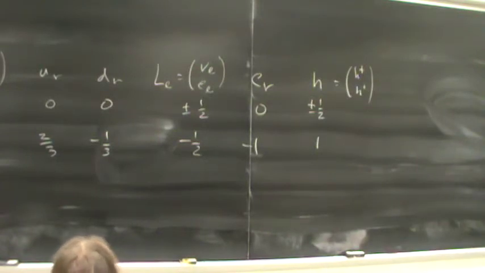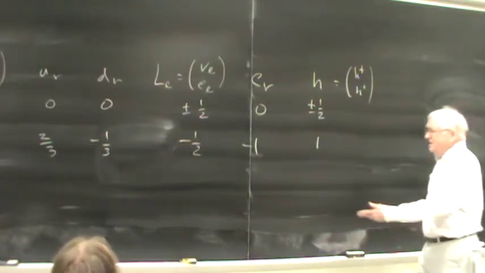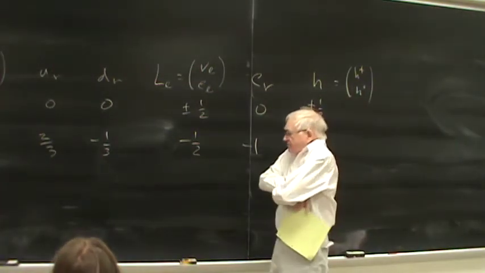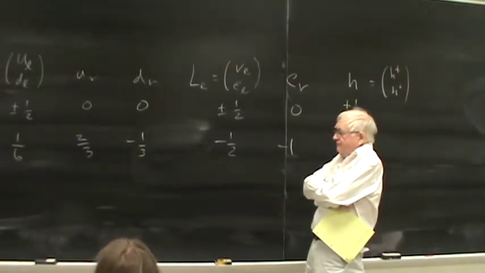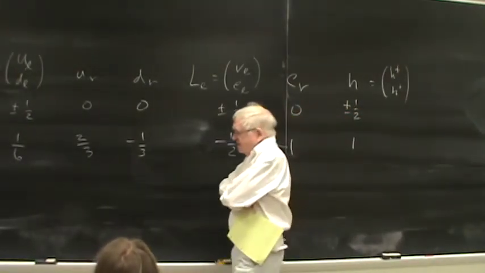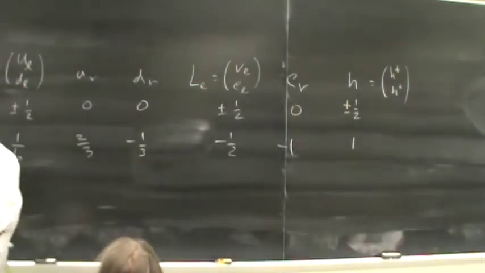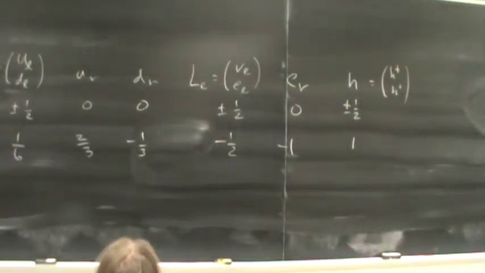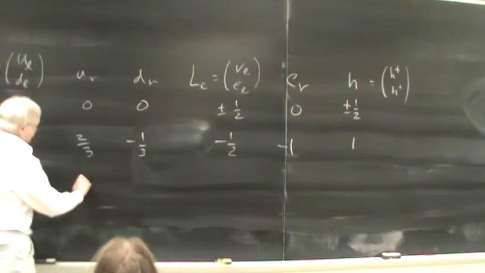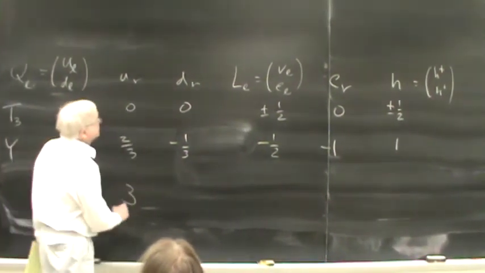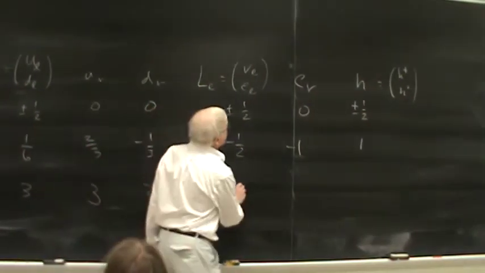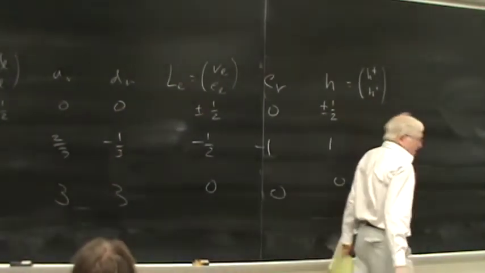So this suggests that somehow there's some way of extending the standard model. The view back in the 70s, when most of this was known, was that, of course, we also have the strong interactions, and these are color triplets, and then 0, 0, 0.